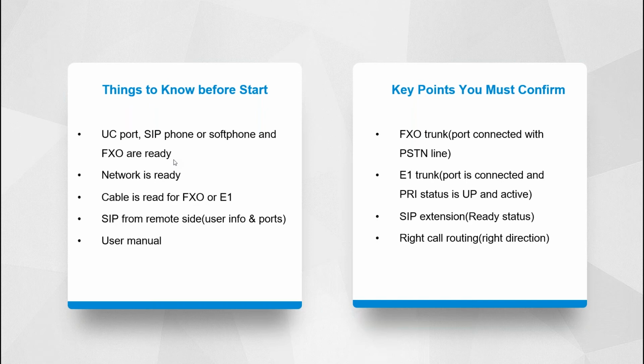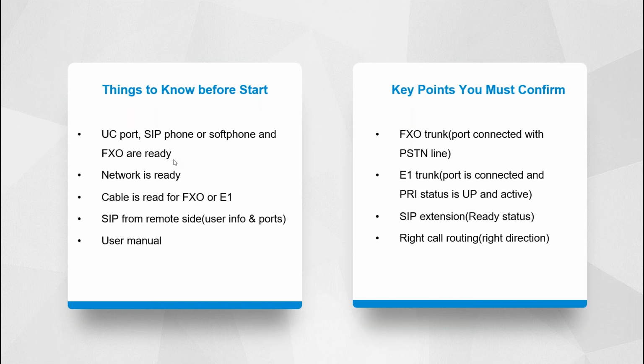Make sure your network connection is very good, and of course you also have to check your cable, because sometimes the customer wants to connect to our FXO or E1. For larger FXO ports, we have to use a cable splitter.